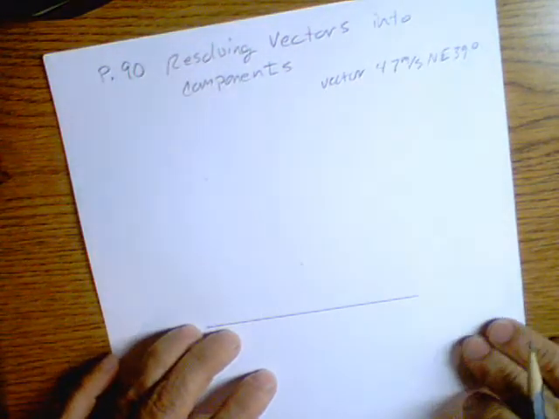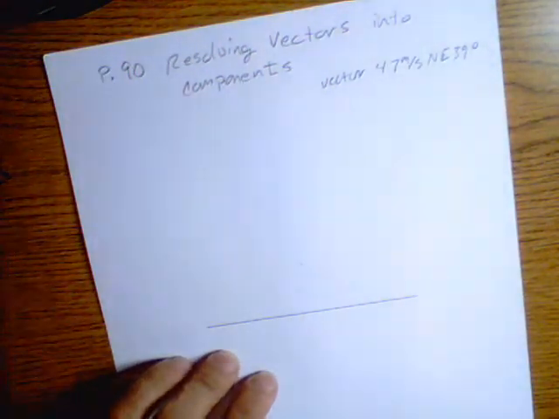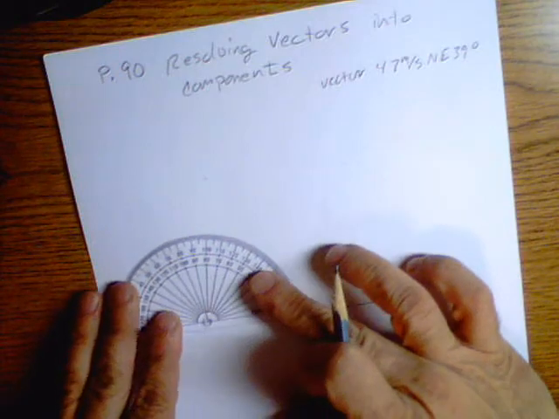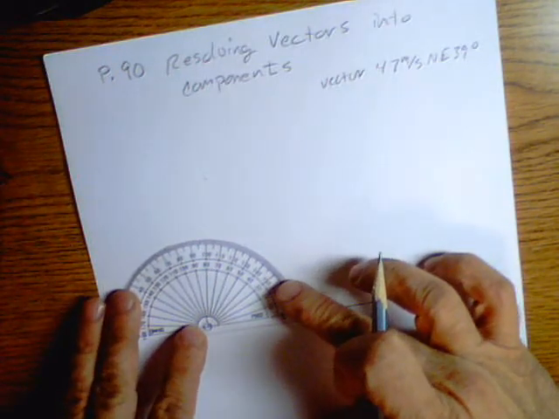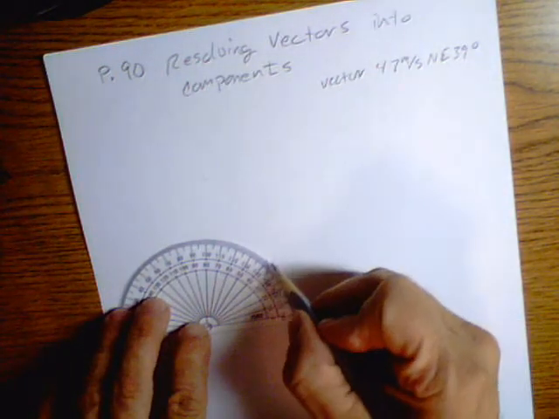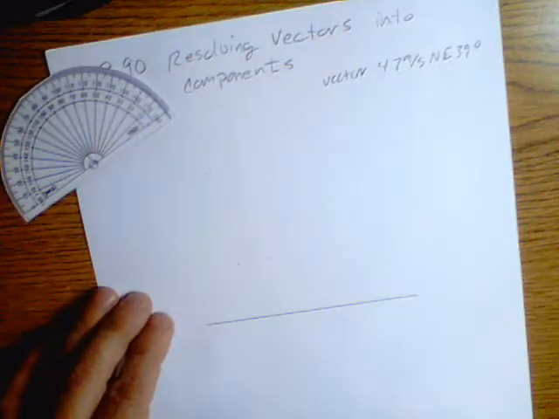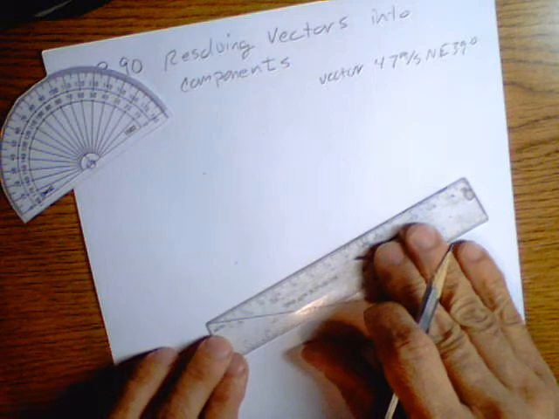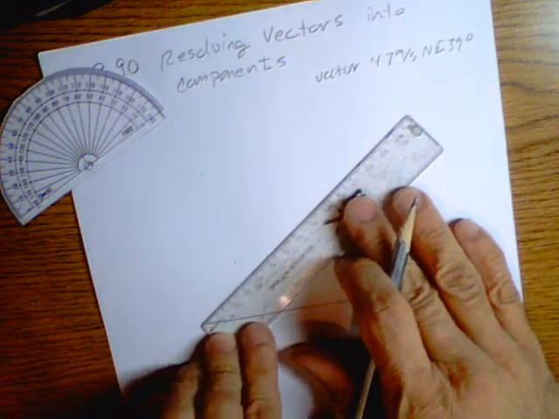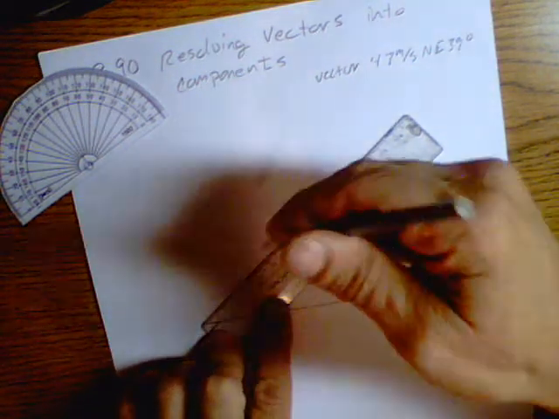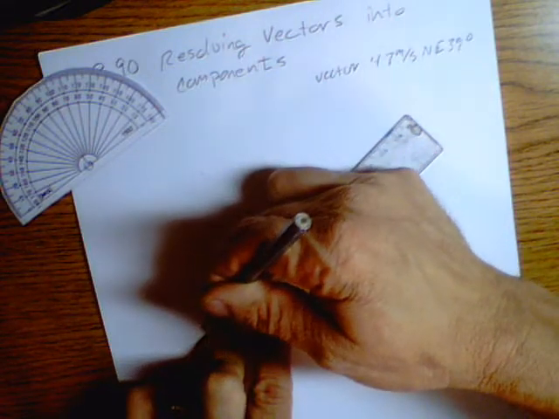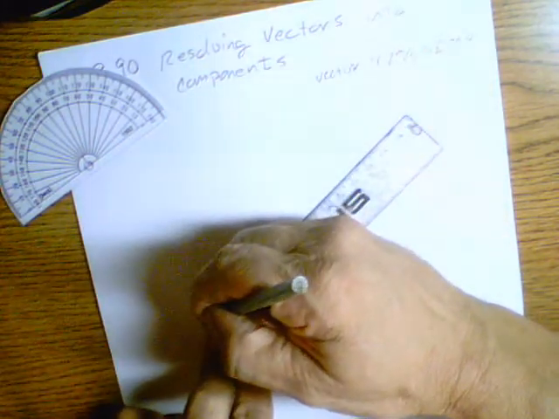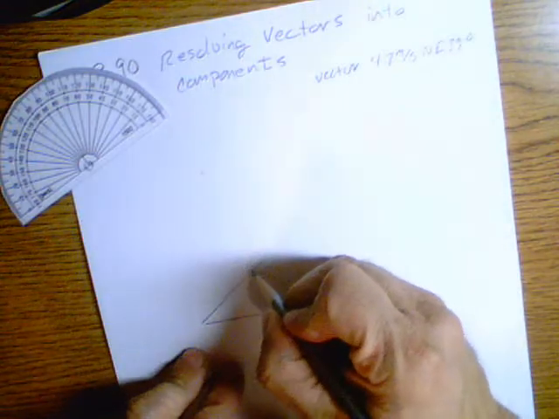That'll be our vector, and we need to have an angle here of approximately 40 degrees. We're going up 4.7 centimeters. Here's our vector.